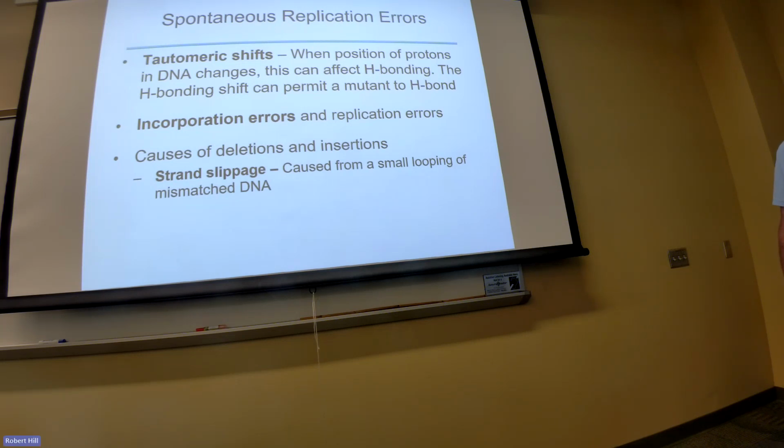If you think about the base region of the nucleotide, if you start shifting the protons, that can change the nucleotide, and that can permit incorrect binding. So a nucleotide comes in that underwent some shift, permitting binding, and then it's spit out and the correct one is pulled in. Okay, so tautomeric shifts can cause mutation.